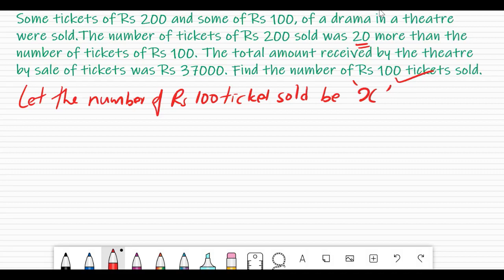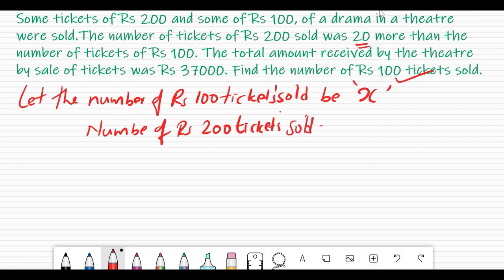So we can write that also. If the number of 100 rupees tickets sold is x, the next line can be: number of rupees 200 tickets sold. From the above we can write that it will be x plus 20, because 20 tickets more of 200 were sold.